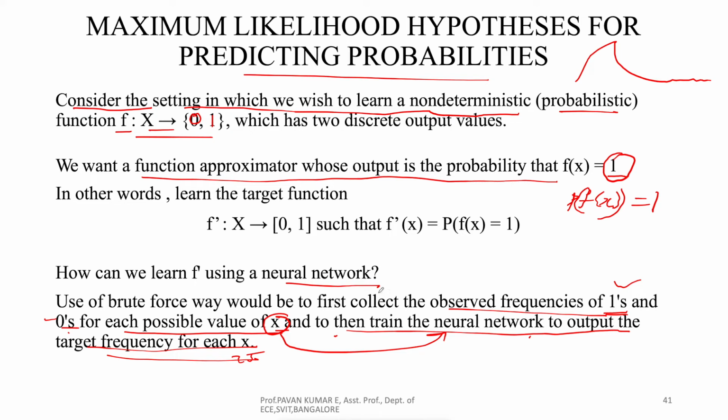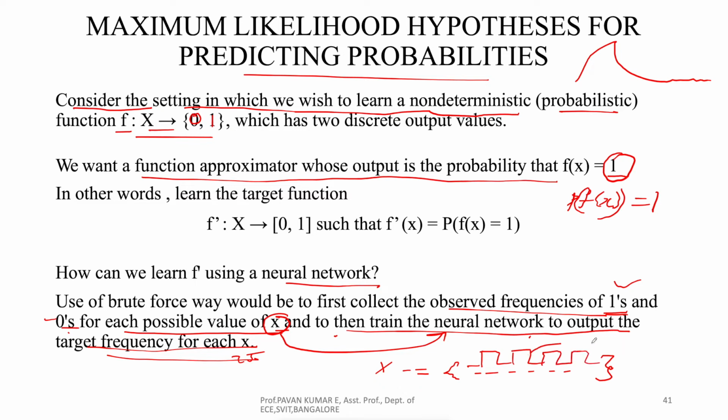First, collect observed frequencies of ones and zeros for each possible value of x. Continuously I am getting data somewhere, but for each value of x you are going to observe frequencies of either positive or negative.